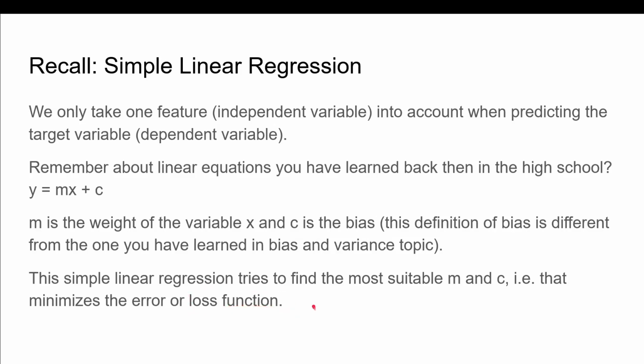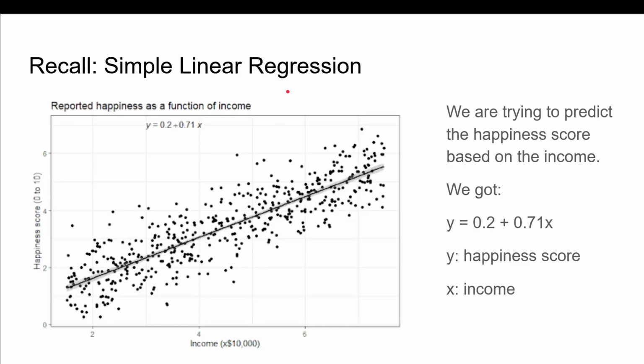You can use steepest descent, gradient descent, or even the exact Newton method, which incorporates computing the second derivative, to determine the values of m and c. So this is simple linear regression.